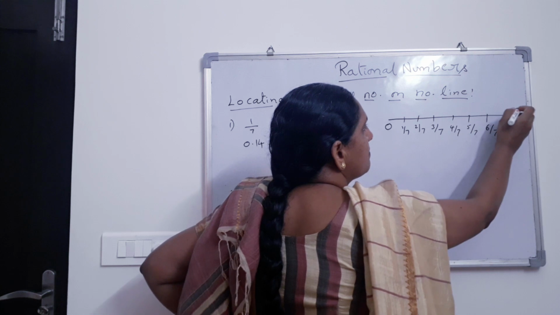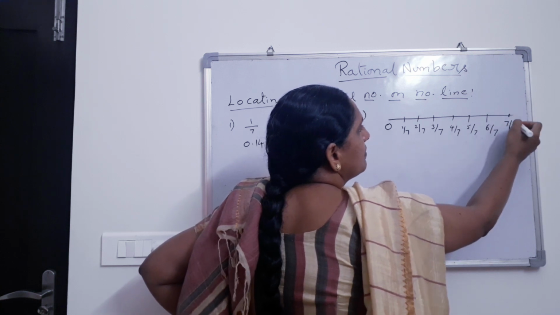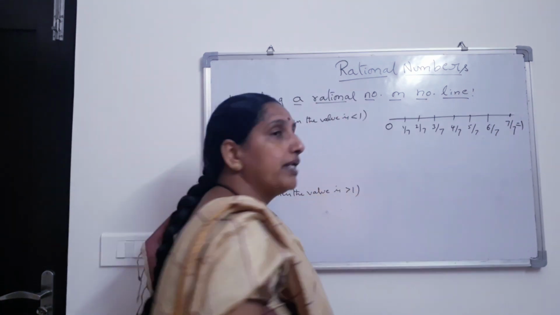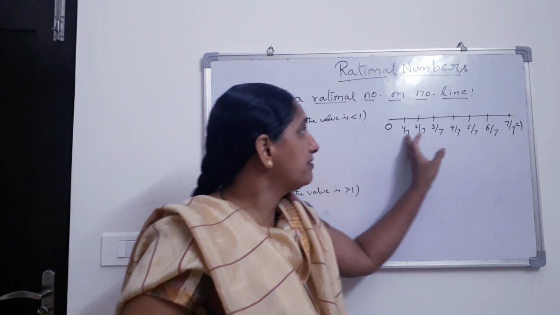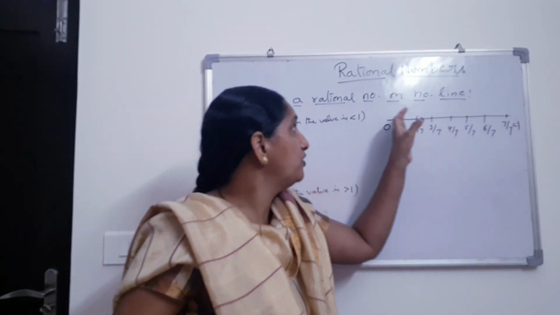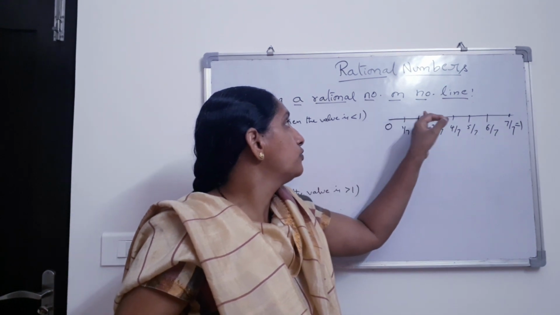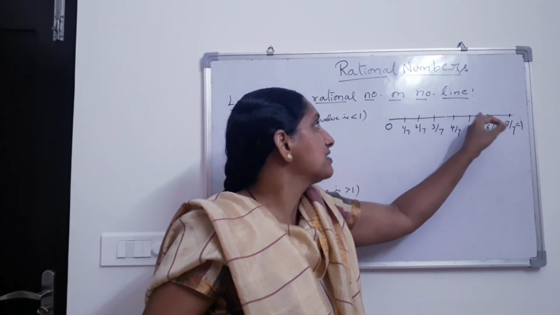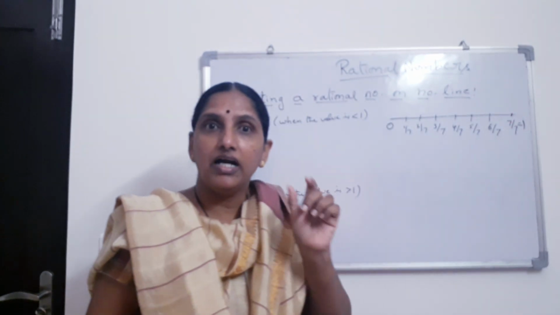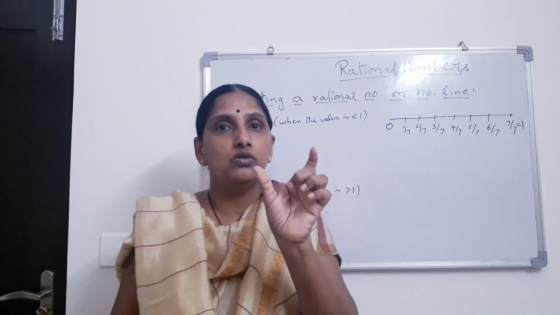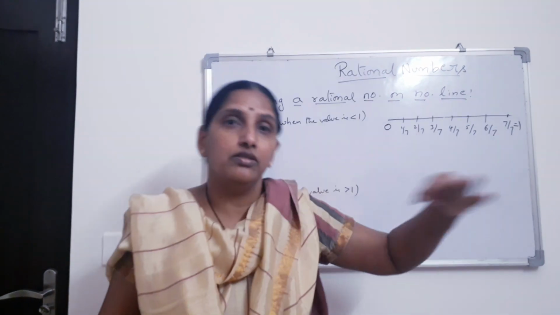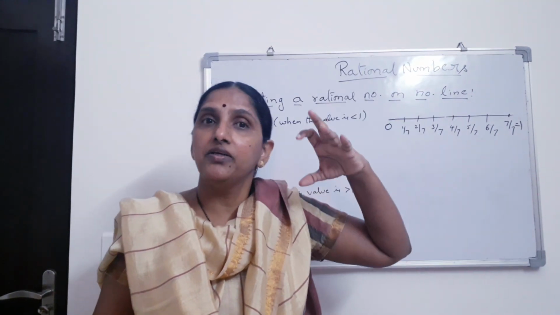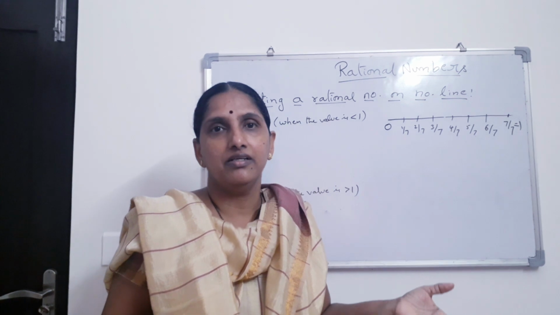What is 7 by 7 equal to? 7 will get cancelled. This is equal to 1. See, the space between 0 and 1 I have divided into so many parts. How? 1, 2, 3, 4, 5, 6, 7. I divided the whole length which lies between 0 and 1 into 7 equal parts.